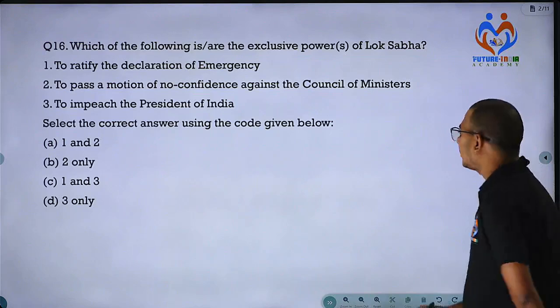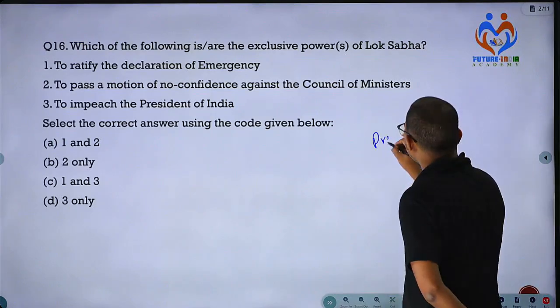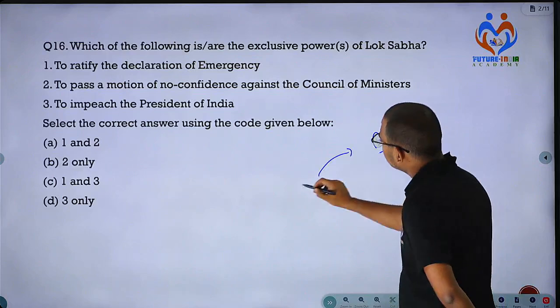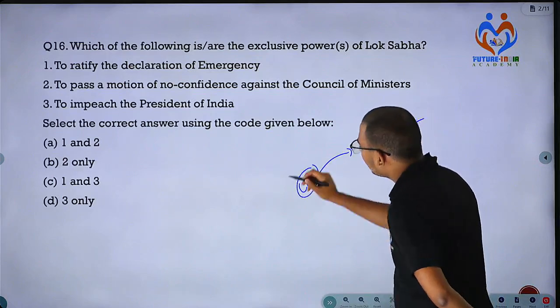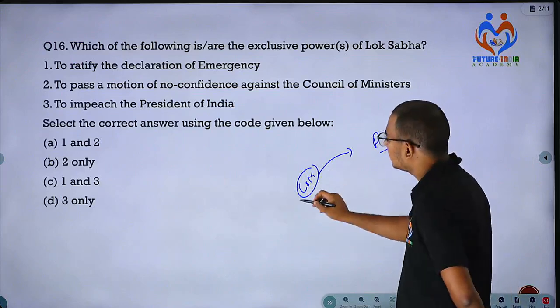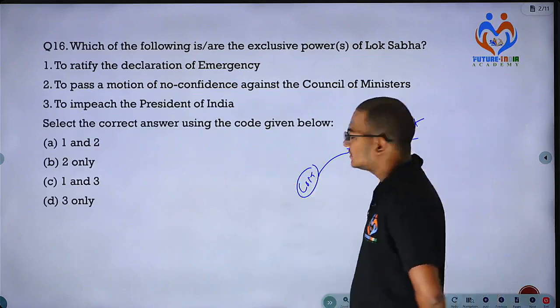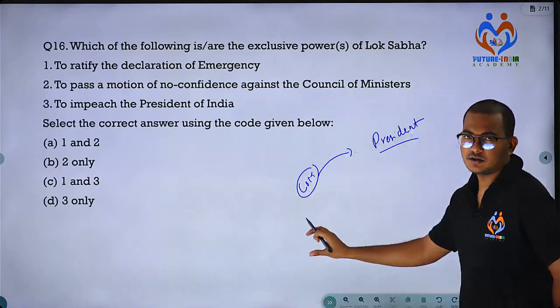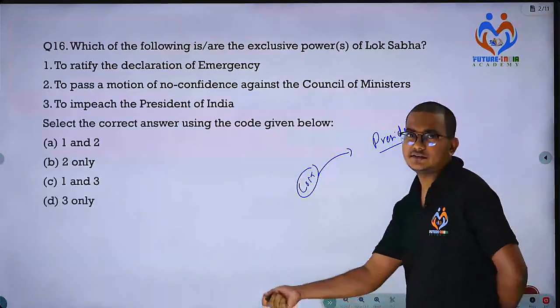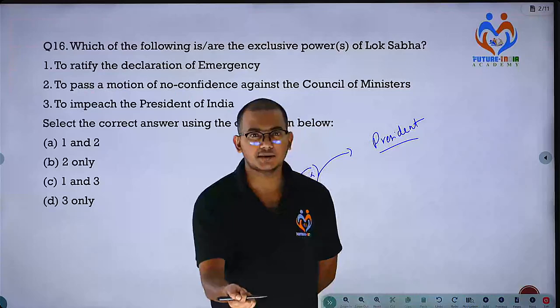For emergency, whenever the council of ministers, or rather replace this word with cabinet ministers, and the PM sign on a letter, each and every cabinet minister, they send it to the president. The president has to proclaim the emergency.